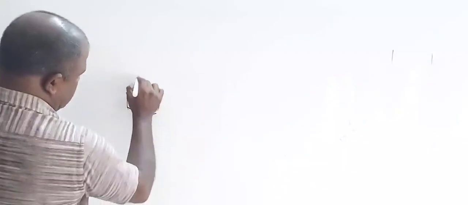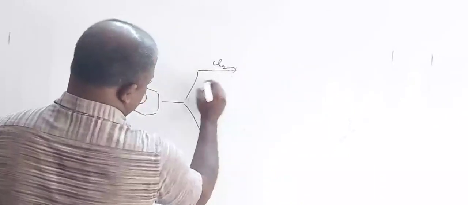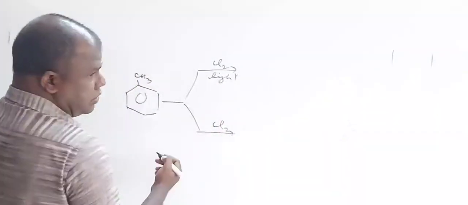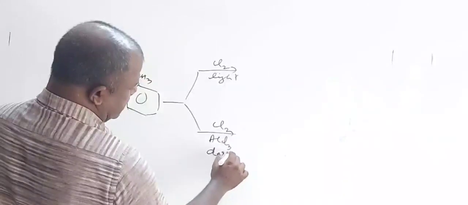See, this is toluene, and I am proposing two conditions. One is chlorine with light. The other is with a halogen carrier, AlCl3, or you can write dark, no light.